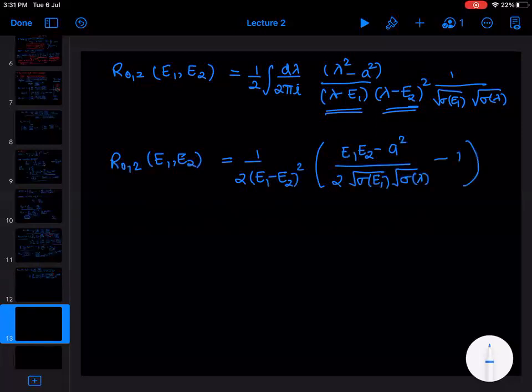This is the expression. You can check this. Okay, so is there a question? Because after this, I'm going to start with these equations. So if you have any questions.